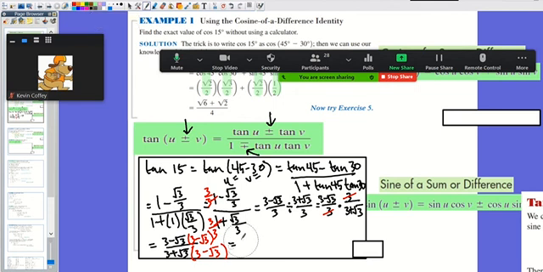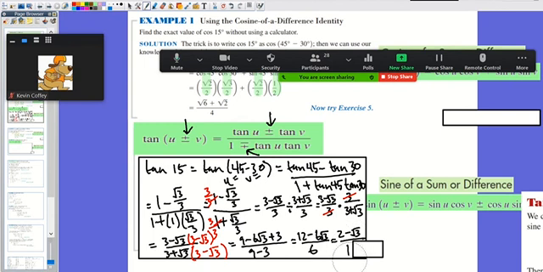And you are going to get 9 minus 6 root 3 plus 3 over 9 minus 3, which gives you 12 minus 6 root 3 over 6, which gives you 2 minus root 3 over 1, and that's your final answer.